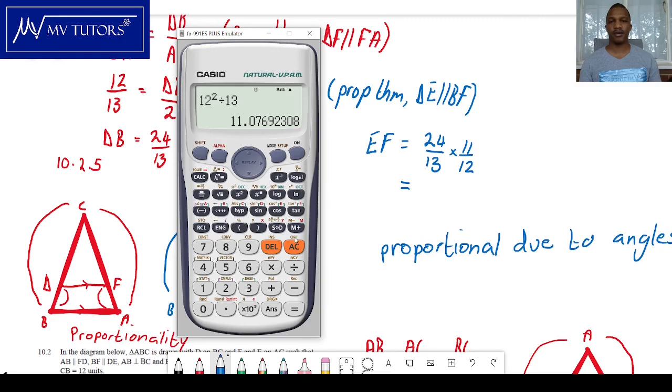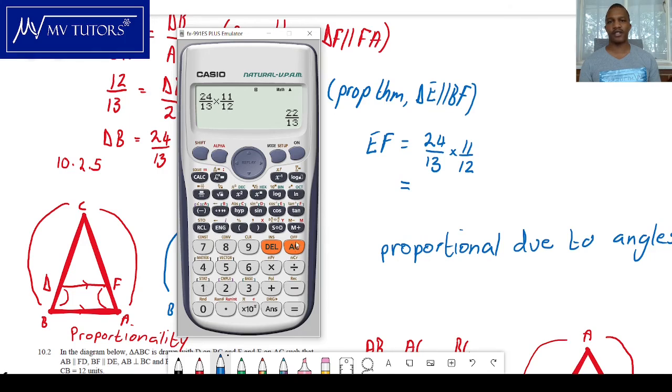Now let me just put this in a calculator straight away. Okay, so I have 24 over 13. I want to write it exactly as it is, times, let's do a fraction again, 11 over 12.